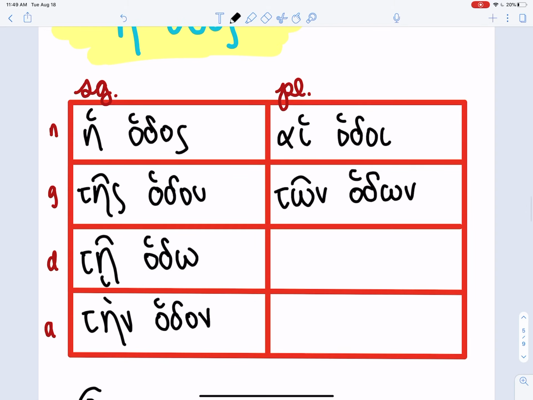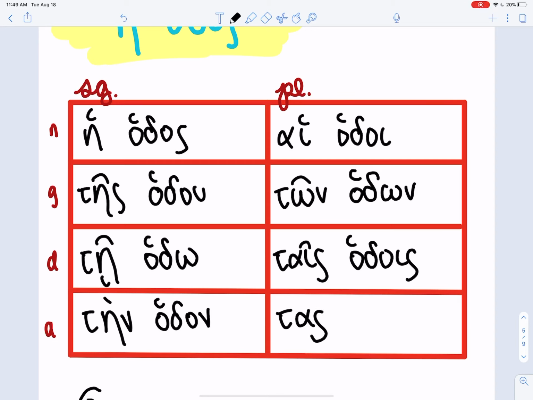Okay, then dative plural is tais hodois, and then accusative plural, tas hodus. Pretty interesting, right?